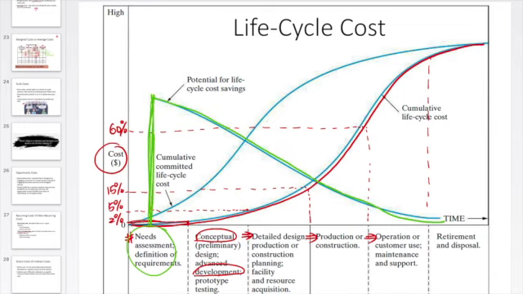You can save maybe 80% because you make a right decision at the beginning. But whenever the stage goes on, that potential will decrease, okay? So the possibility for you to save is less, and how much money you can save is also less.